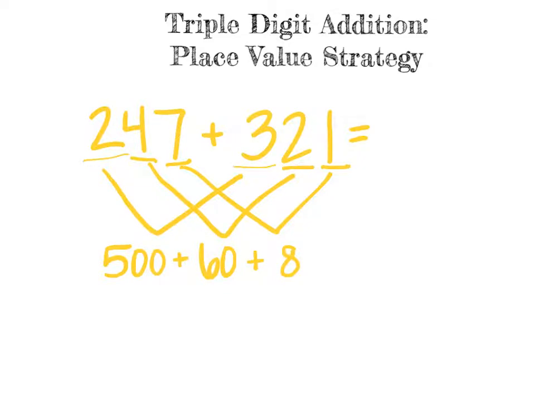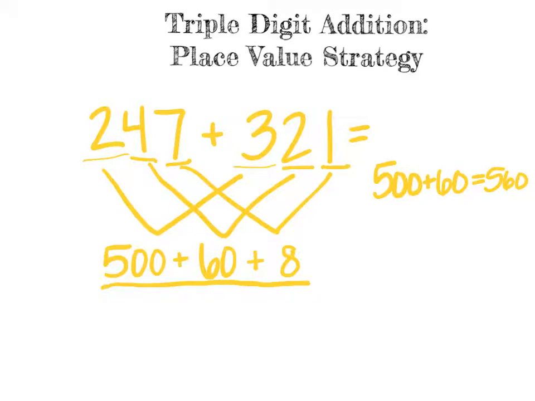So now, boys and girls, you have two options. So you can add the numbers as they are down here. So I could add 500 plus 60 plus 8, or you can also break it up. I could do 500 plus 60 equals 560.